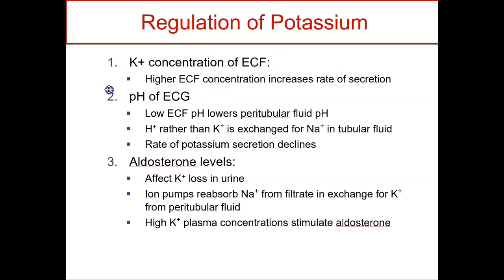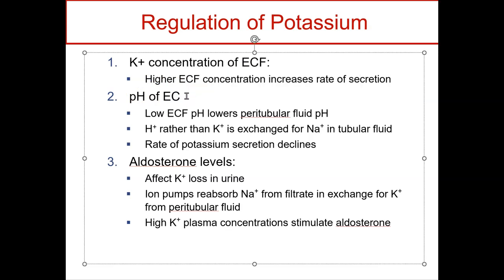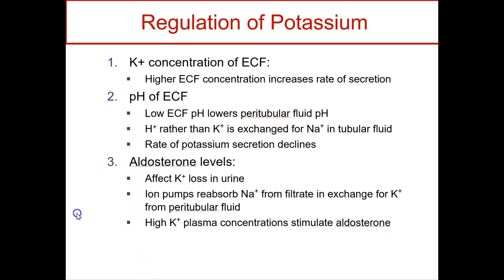We also know that it's critical when we look at the pH of the extracellular fluid. And we know that there's this relationship between pH and potassium. Remember that if we should have a pH decrease, that means that you have too many hydrogen ions. So now you're going to want to get rid of the hydrogen ions.